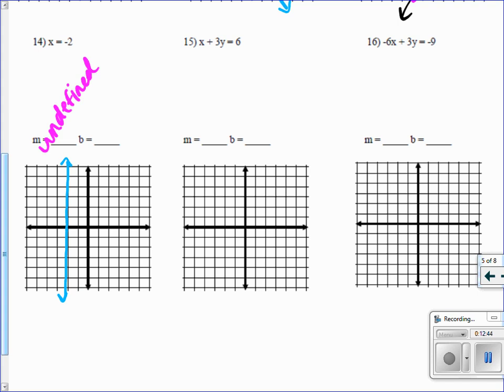Where is the graph going to cross the y-axis? Never. What's that vocab word that they're not going to cross? Parallel. They are parallel. If they're never going to cross, because those are parallel lines, there is no y-intercept. It's none.